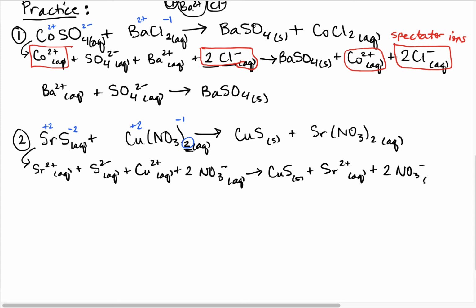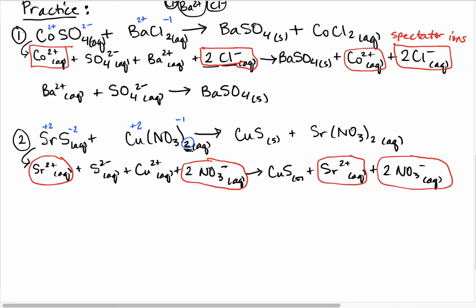So you're probably already starting to see which ones are spectator ions, the strontium in this case, and the nitrate. So our net ionic equation is copper plus sulfide makes copper sulfide.